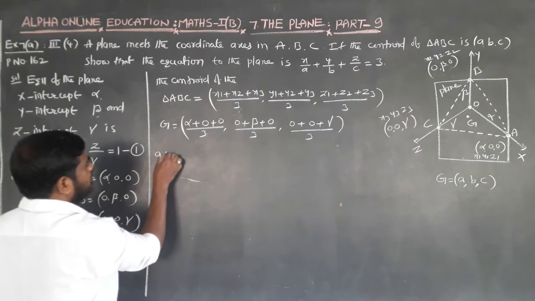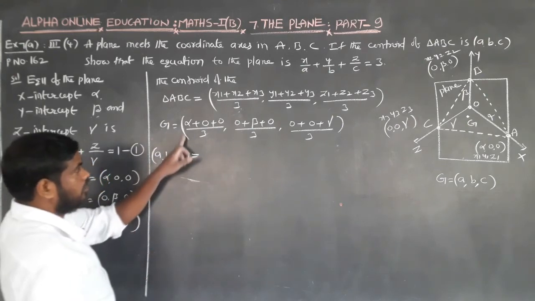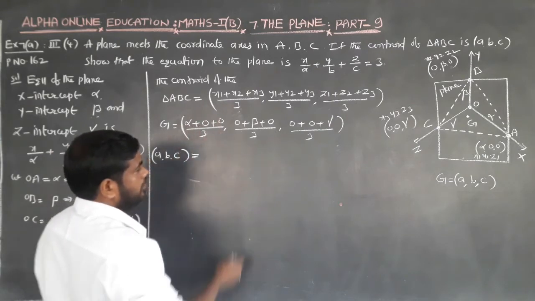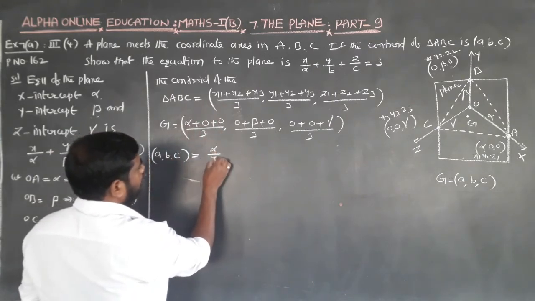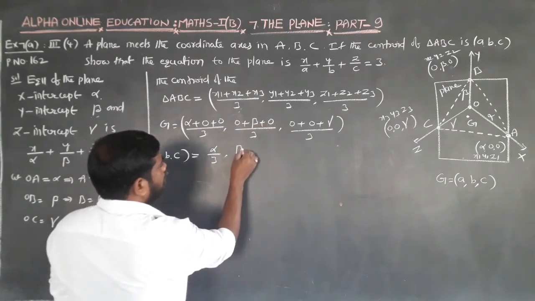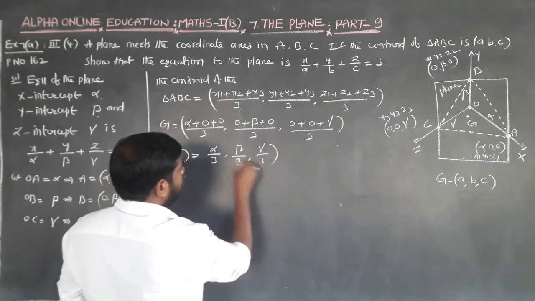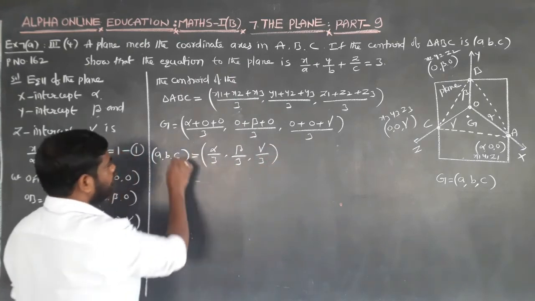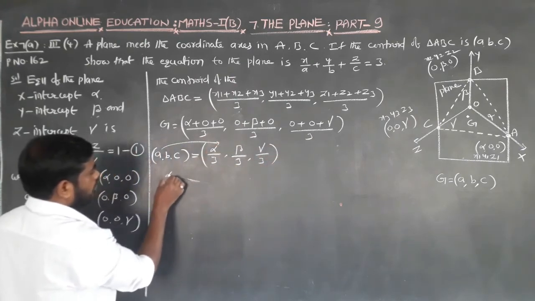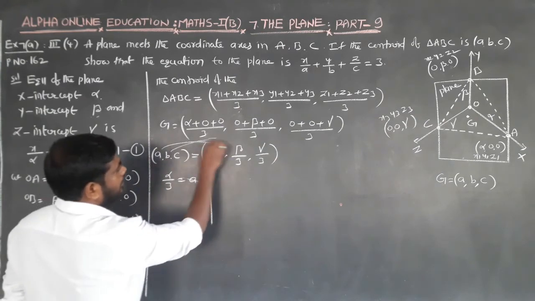Centroid G is (a, b, c), which equals (alpha/3, beta/3, gamma/3). Equating x coordinates, alpha/3 = a.